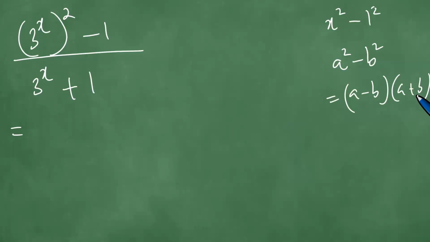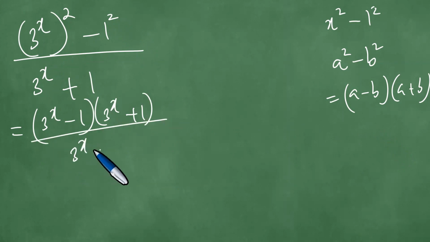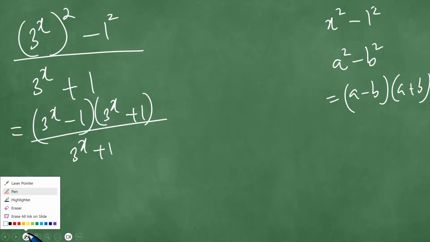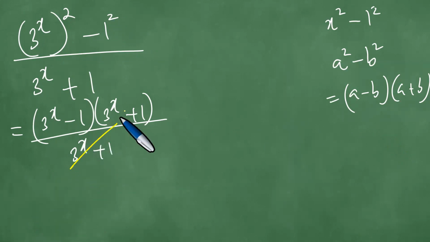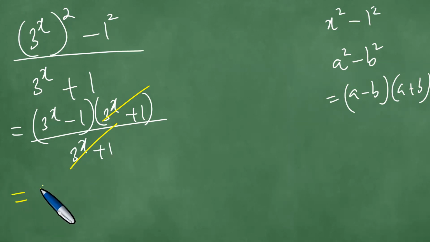This is like an a and this is like a b. So it's going to be 3 to the power x, it's going to be a minus b into a plus b, which is 3 to the power x minus 1.